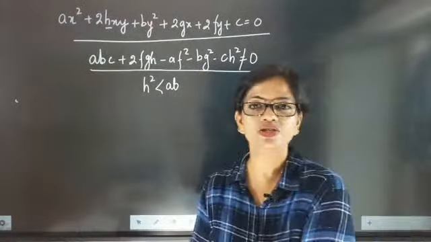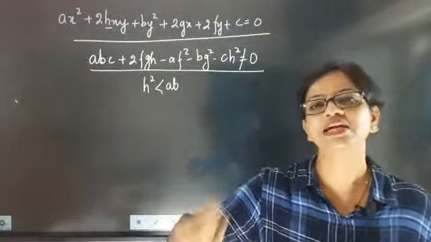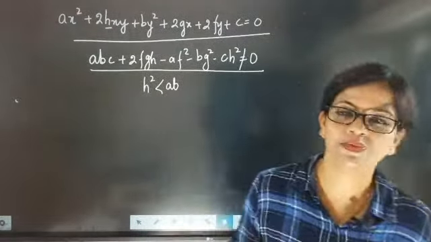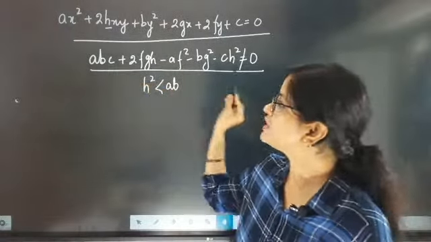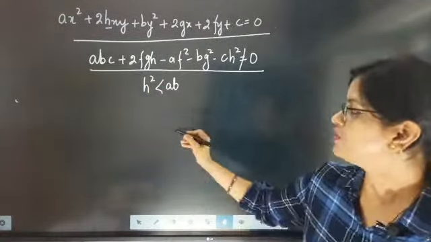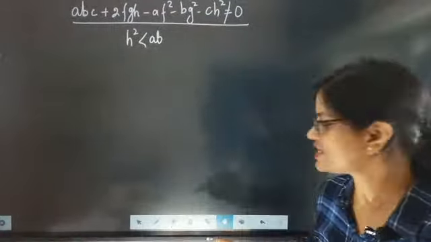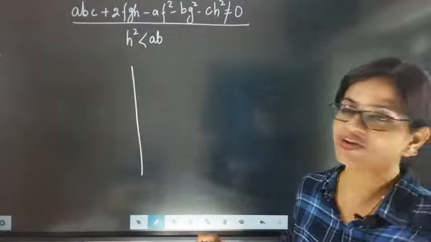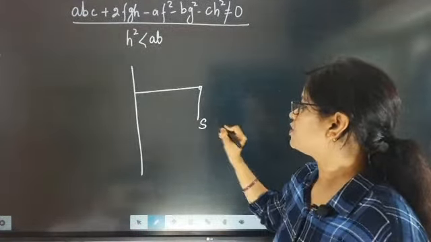So now we understood that the equation of a conic section will be presenting an ellipse when h square is less than ab and the coefficient arrangement will not be equal to 0. Now already we know that in the conic section we need a fixed line and a fixed point. The fixed line is called the directrix and the fixed point is called the focus.